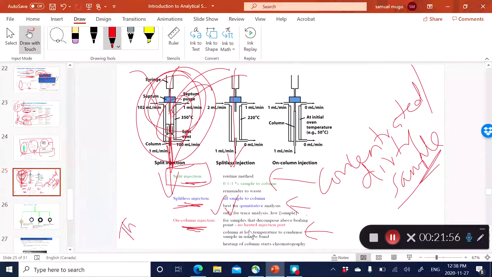So for thermally unstable samples, often people would do on-column injection, because if it's heated in the injection port, the sample could degrade, and you don't want that. So in that case, you do an on-column injection where the sample is injected right onto the column.